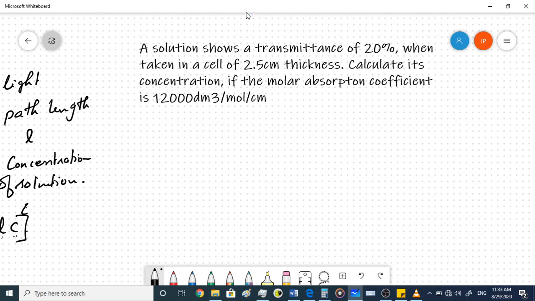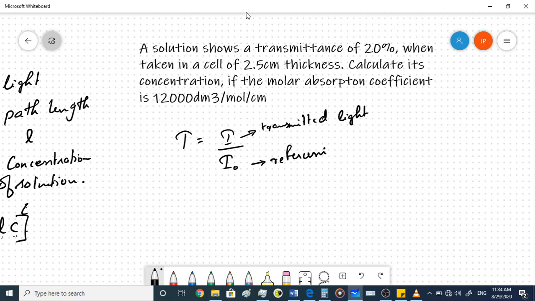So T, which is equal to I by I0, where I is the transmitted light and I0 is the reference light, is 20 by 100, that is 0.2.